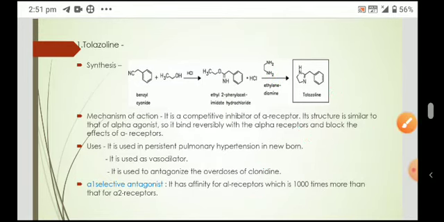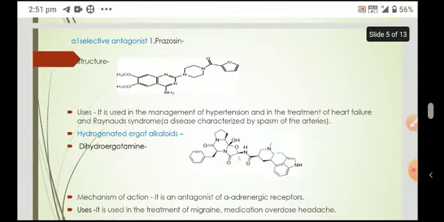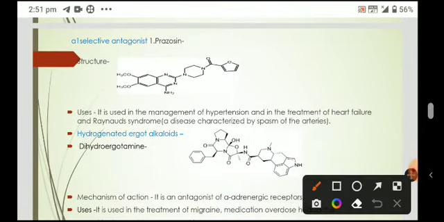From this class we have to study the drug prazosin. The structure is as I have shown here. Regarding prazosin, it is used in the management of hypertension and heart failure.